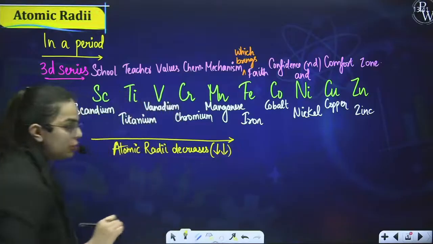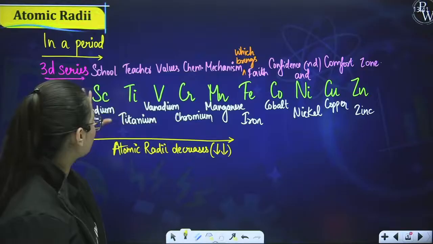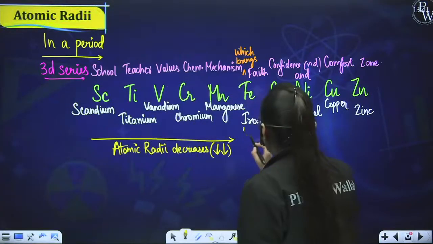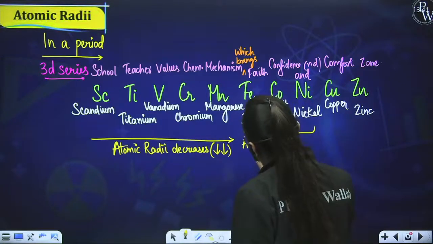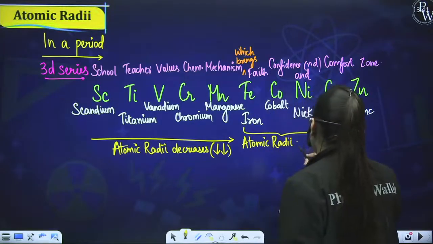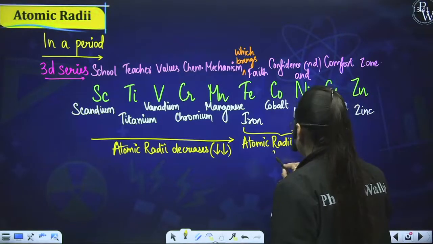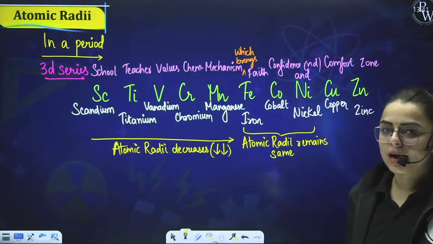Again and again, I'm not going to write the word decrease. So atomic radii decreases while you are moving from scandium towards manganese. After that, from iron, cobalt and nickel, the atomic radii remains same.